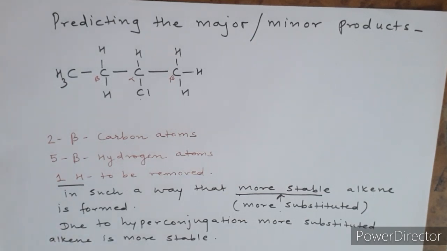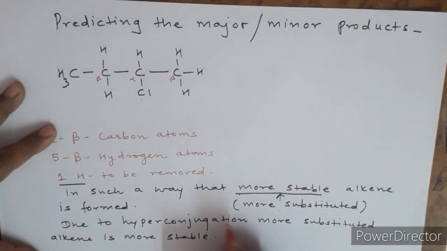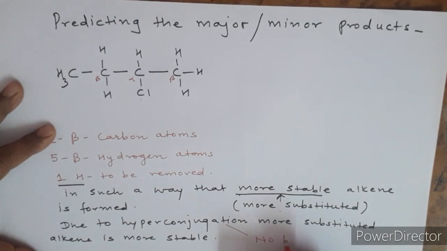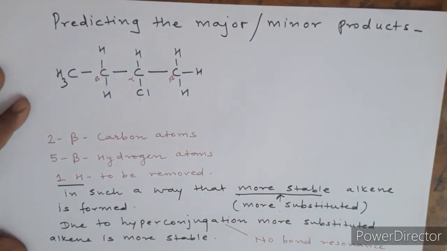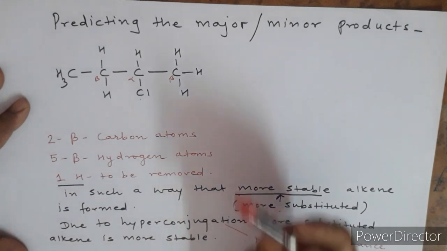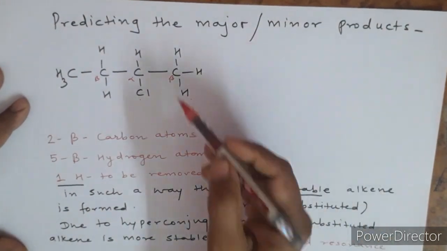Now this can be called as a very important rule, that during the beta elimination, more substituted alkene should be formed as the major product, and this very rule which is followed is called as Saytzeff's rule.